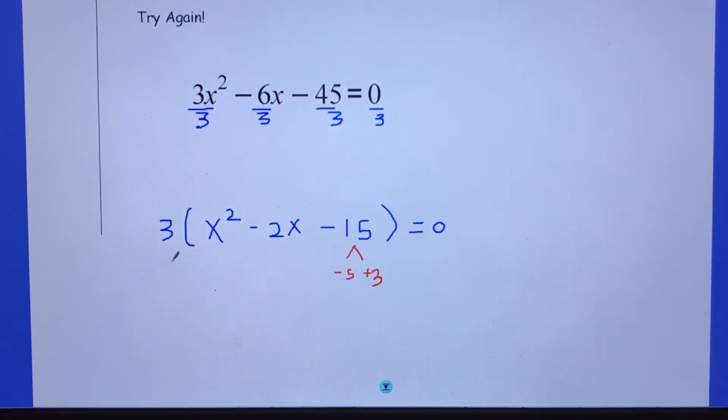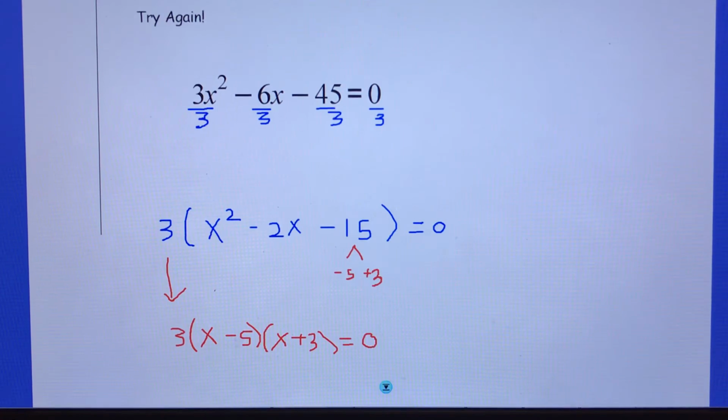So that's my combination. Again, bring down that front number. You don't need it, but just put it there because it makes the equation true. So it's going to be 3 times x minus 5 times x plus 3 equals 0.